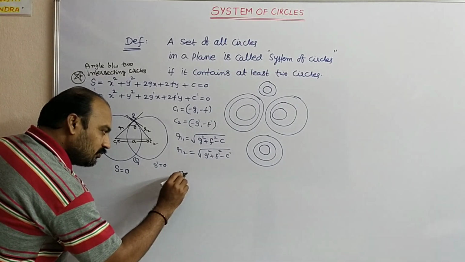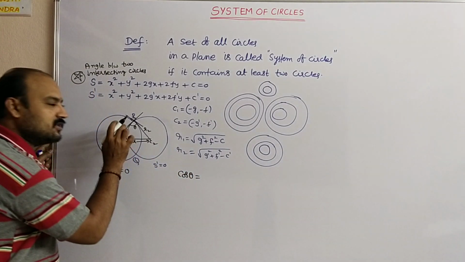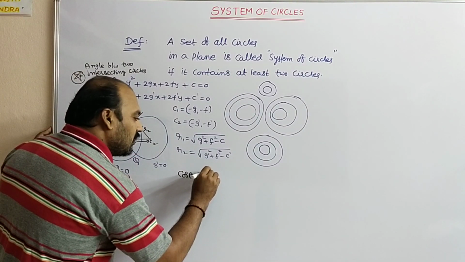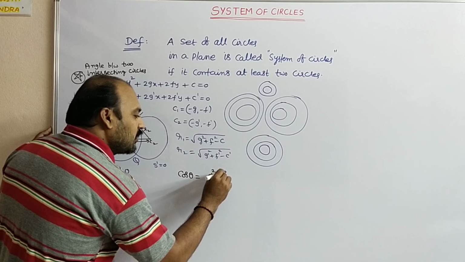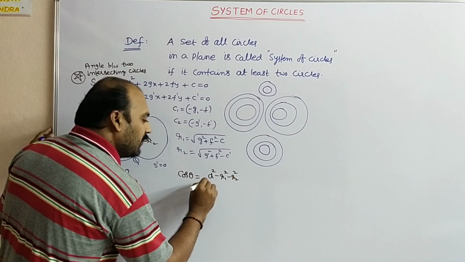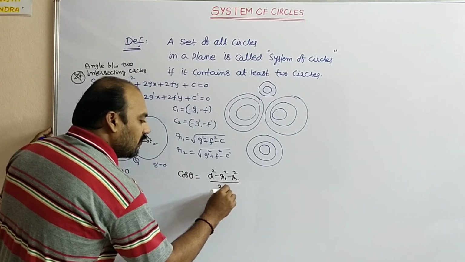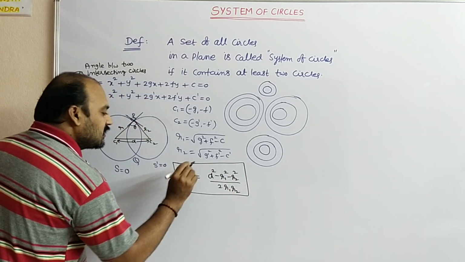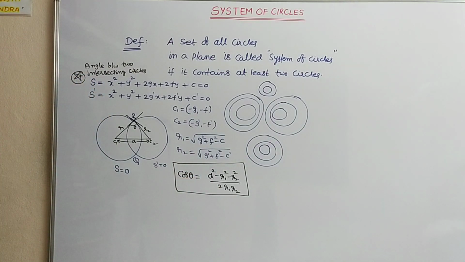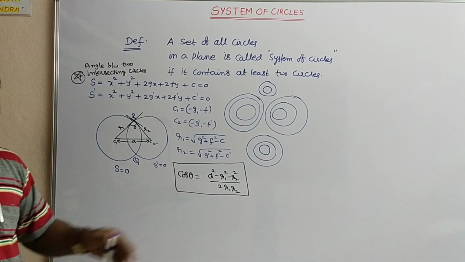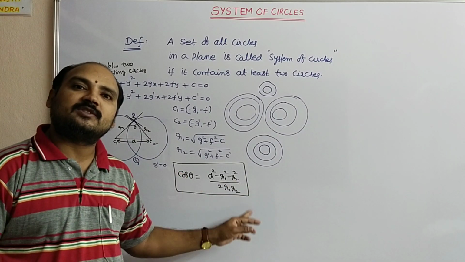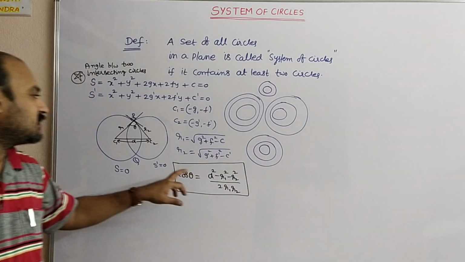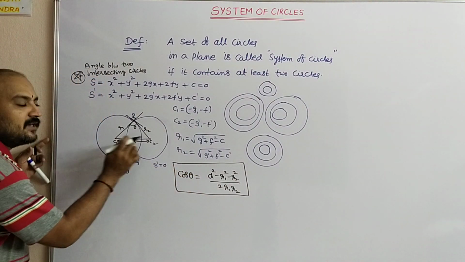If the angle between them is theta, then cos theta equals d square minus r1 square minus r2 square, whole divided by 2 r1 r2, where d represents the distance between their centers.